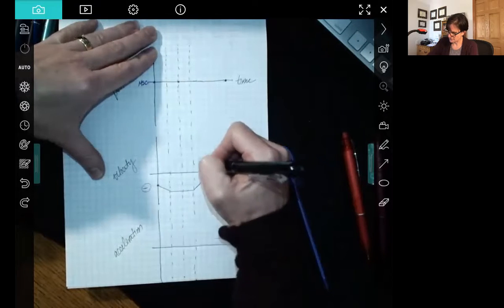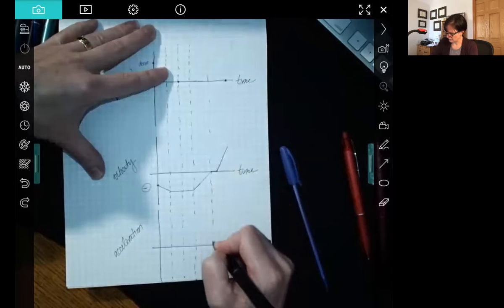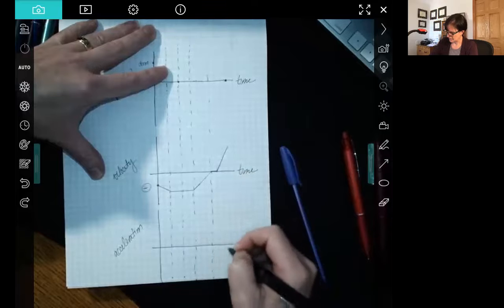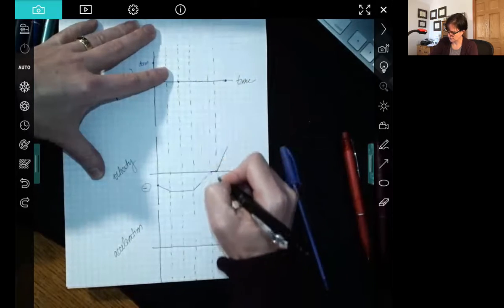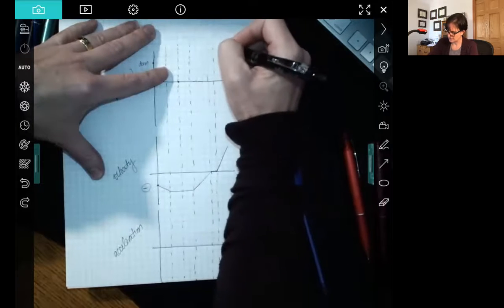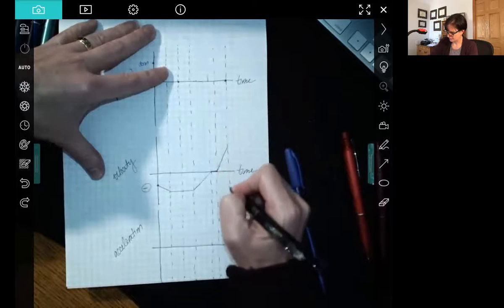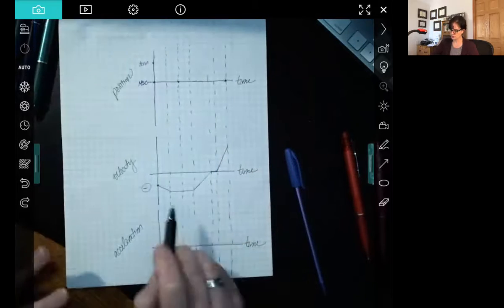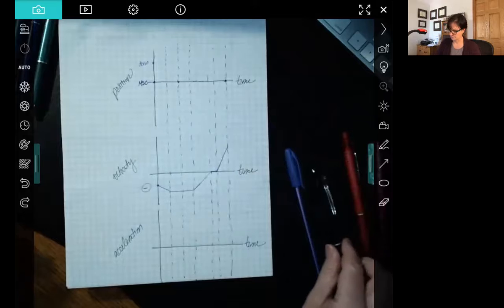And then during this chunk of time, I am slowing down to my parking spot. I then am taking time to park during this chunk of time. And then I am racing my little butt back to the MSC because I'm already late for work. So you can see I've kind of sort of chunked the story out to help guide my drawing.